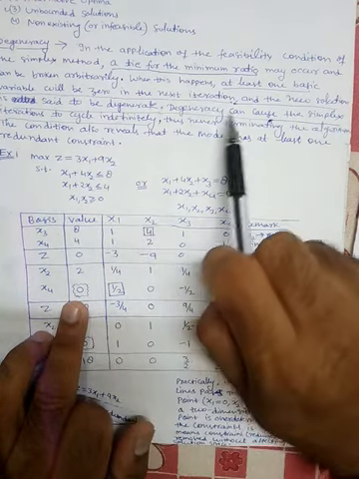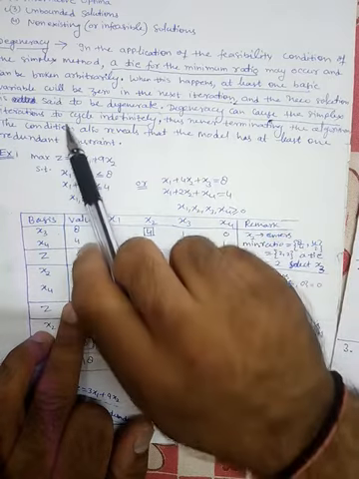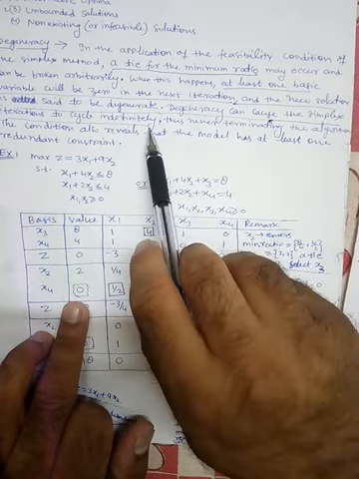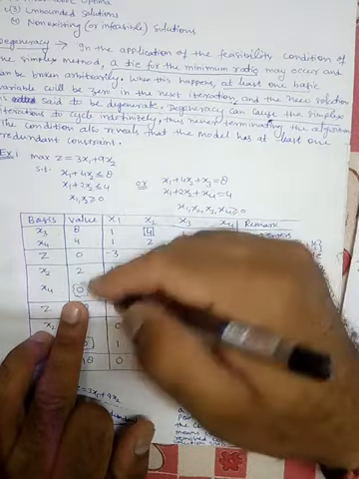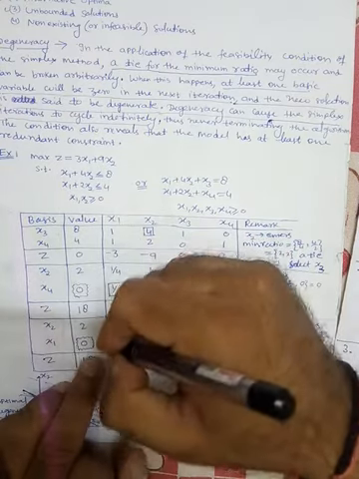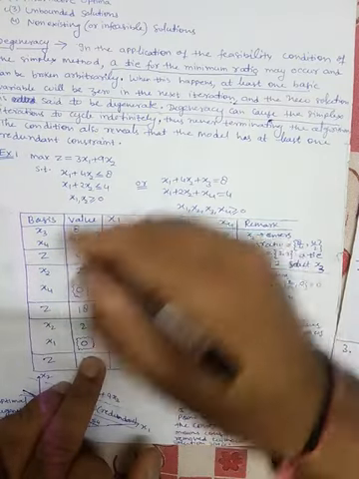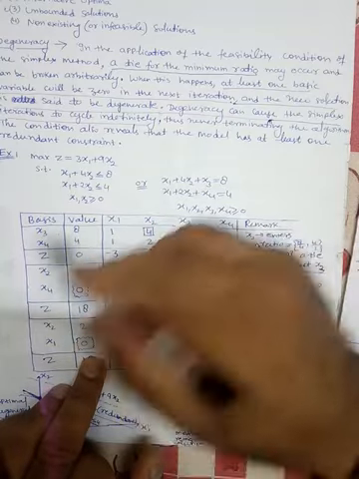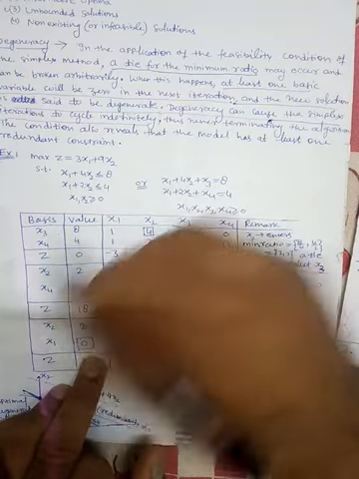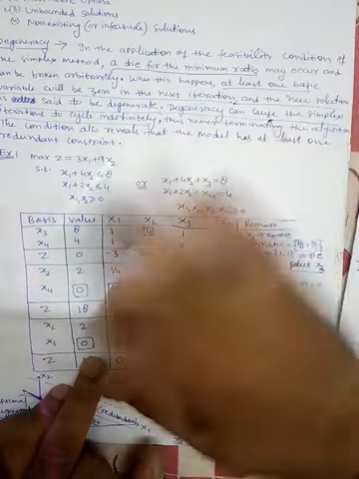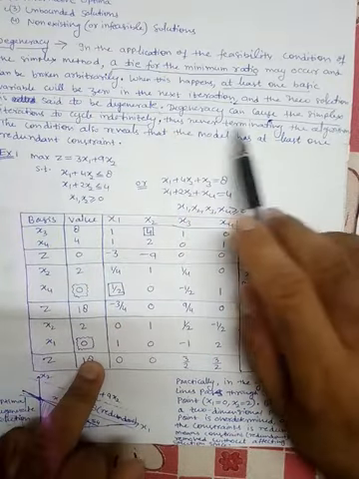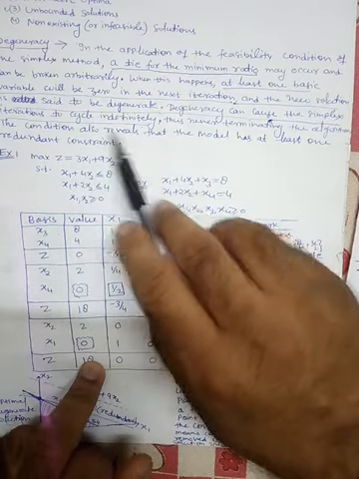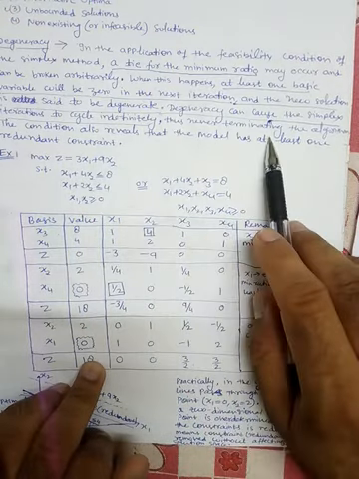Degeneracy can cause the simplex iterations to cycle indefinitely. Sometimes we get the same solution, and in the next iteration we repeat the first one, so there will be a cycle. We move through the same iterations a number of times, and this process goes on and on. This does not happen in every situation, but sometimes. So degeneracy can cause the simplex iterations to cycle indefinitely, thus never terminating the algorithm.